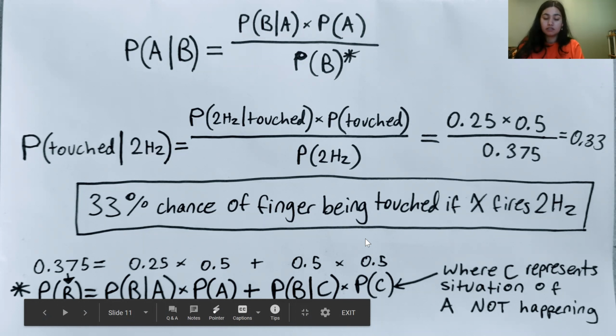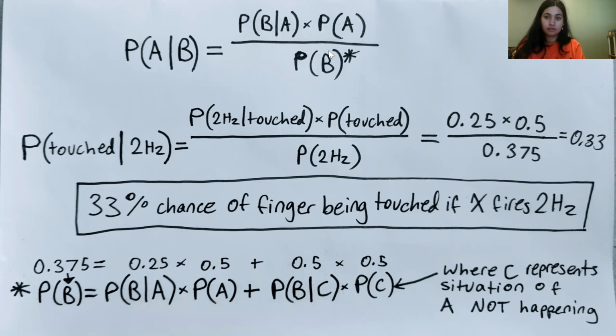So this is the probability of it firing 2 hertz if it's not being touched, multiplied by the probability that it's not being touched, which is 0.5. And so from that, we get 0.375 as the probability of the neuron just firing 2 hertz in general.